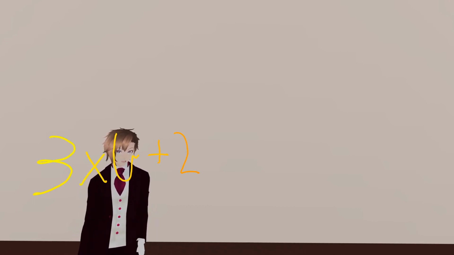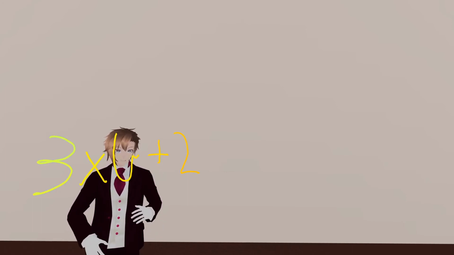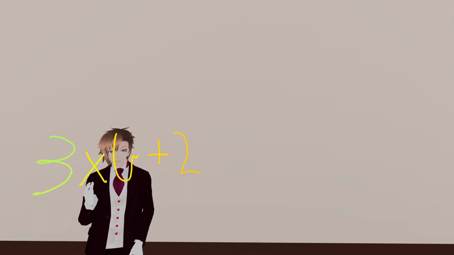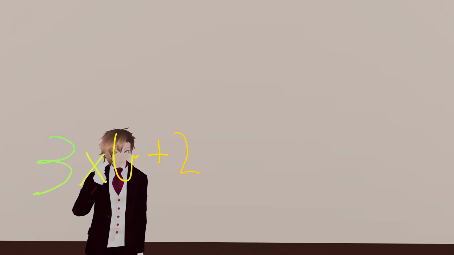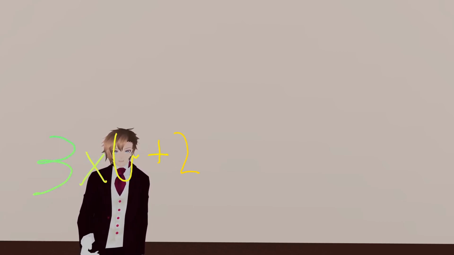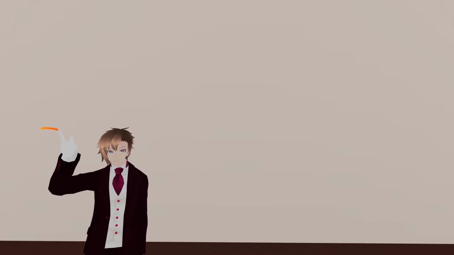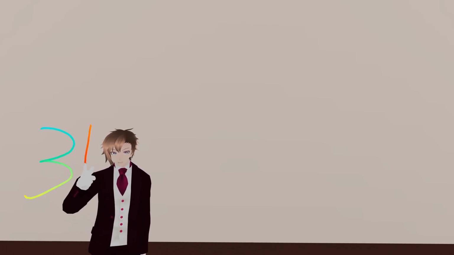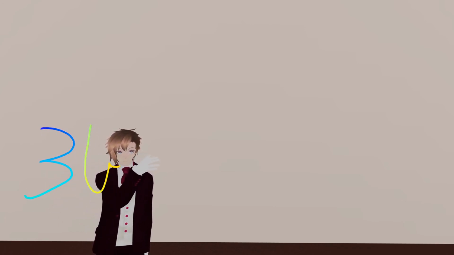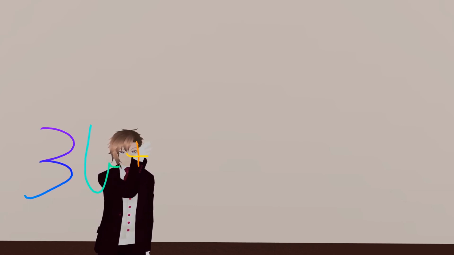So of is times, and and is plus. We can rewrite this a little bit simpler because we don't need this times here. So I just have 3b plus 2.